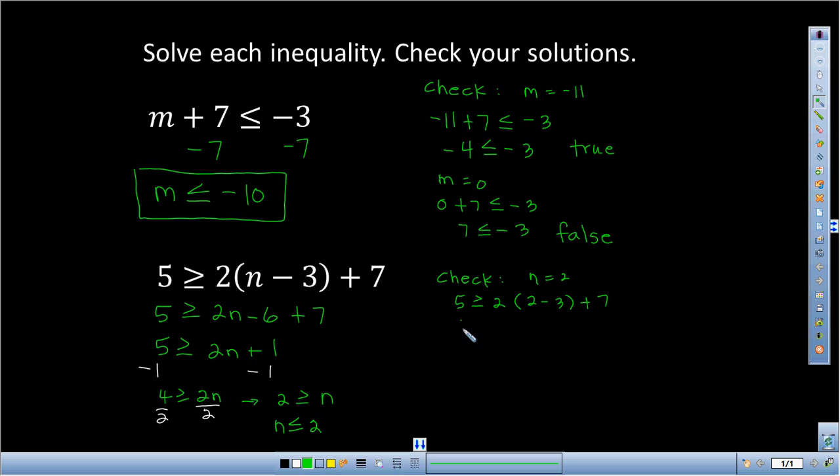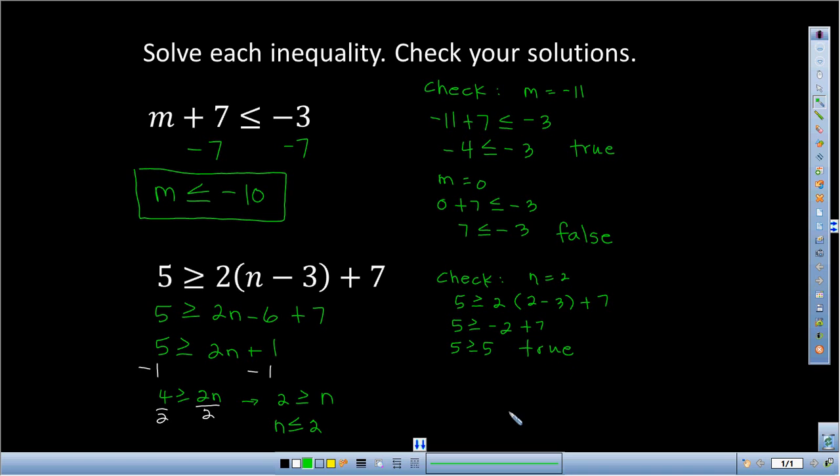Now let's rewrite that inequality as 5 is greater than or equal to 2 take away 3 is negative 1, and 2 times negative 1 is negative 2. Then we add 7. When we compare both sides, we see that we have 5 is greater than or equal to 5, and since 5 is equal to 5, we have a true statement.